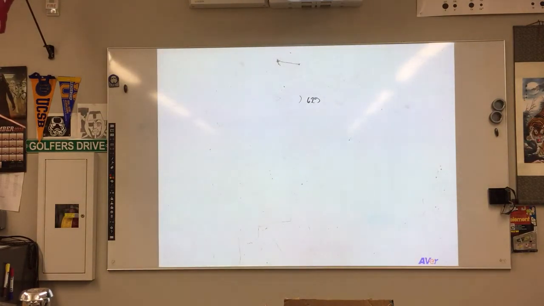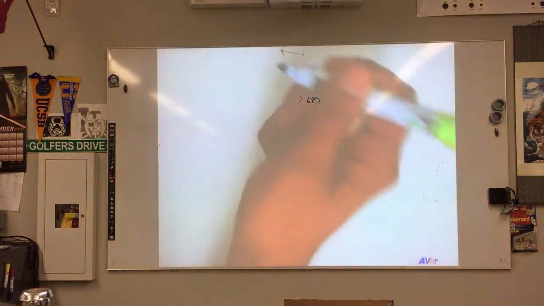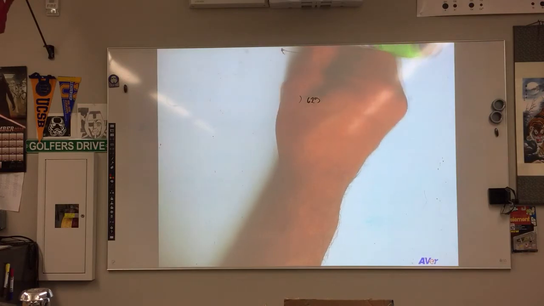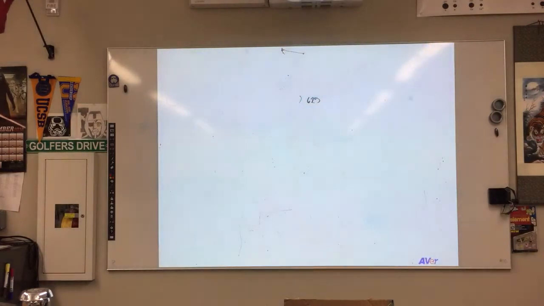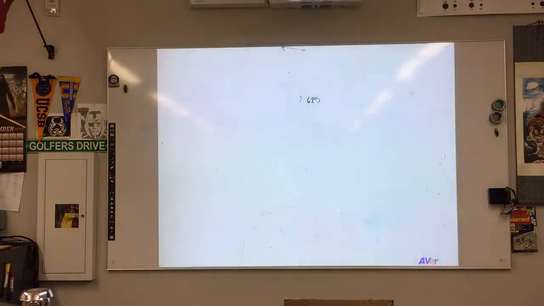Now, we're going to take that 6.625 times 10 to the negative 7. Okay, and that was wavelength, so we have that little weird lambda.